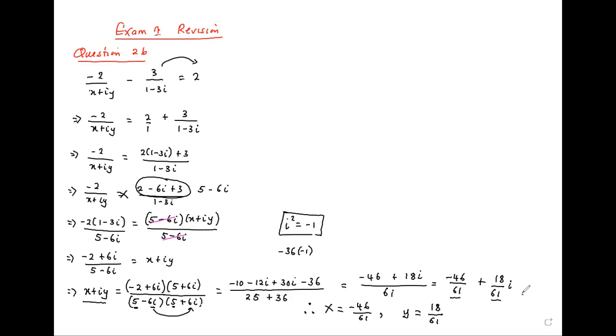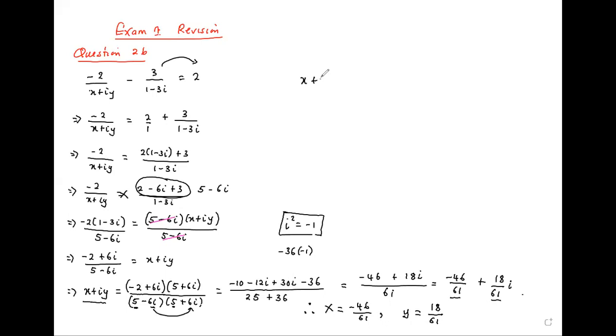Why did you just assume that x and y are respectively given as negative 46 over 61 and 18 over 61?